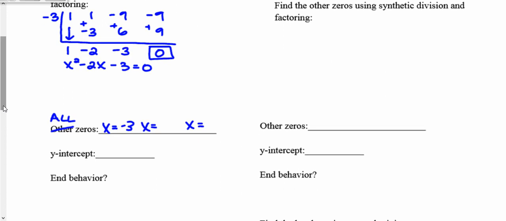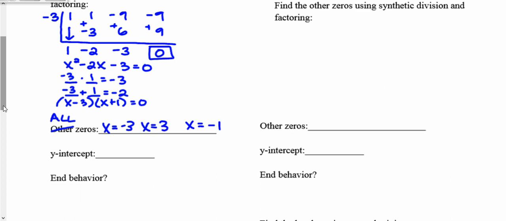So think about numbers that multiply to give you negative 3 and that add to give you negative 2. Those numbers would be negative 3 and 1, which means your factors are x minus 3 and x plus 1, which means your missing zeros are positive 3 and negative 1.